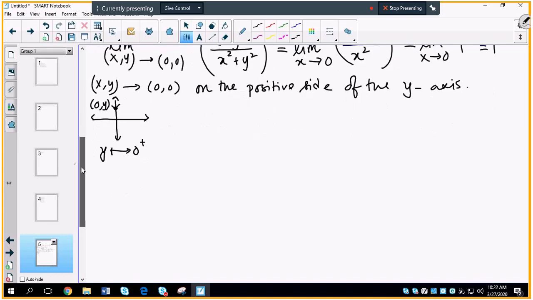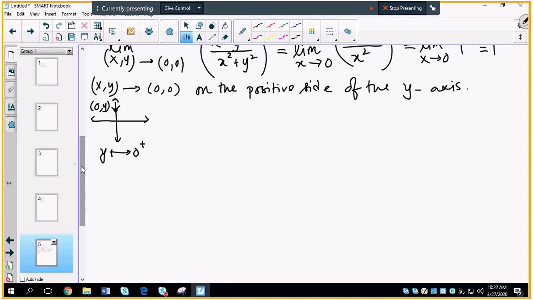So what happens to my limit? My original limit, x comma y approaching 0 comma 0, and your function was x squared minus y squared all over x squared plus y squared, whole to the power 2. I will do the same thing.